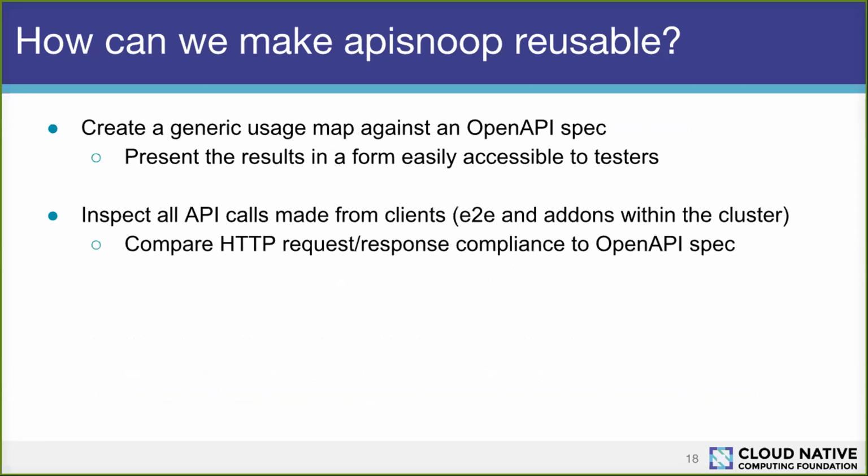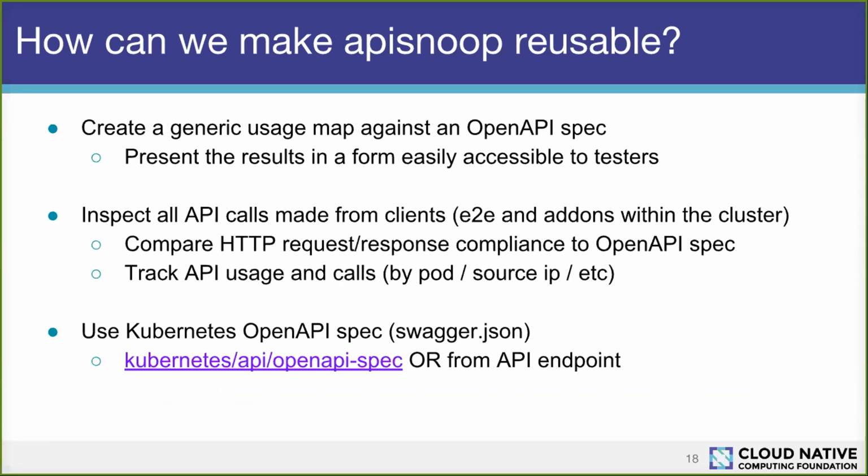So the idea is to create a generic usage map against an OpenAPI spec, and present the results in a form that's easily accessible to testing, to inspect all API calls made from clients, e2es and add-ons, and then compare those request responses to the API spec, which we can grab from the Kubernetes API endpoint or repo, and then track API usage calls by pod, by source IP, etc.